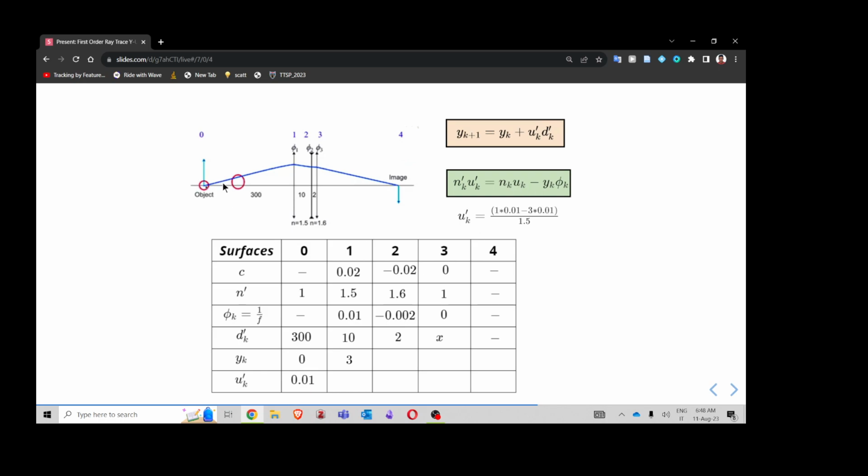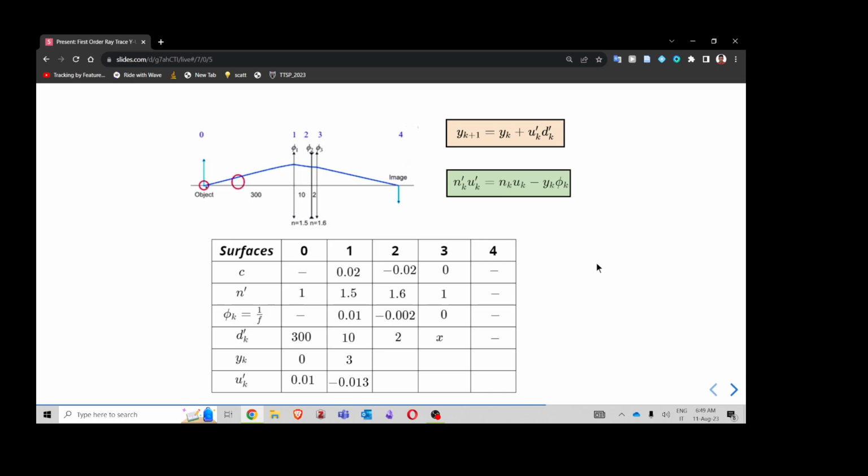So it is 0.01 times this refractive index, minus the height of the ray, which is 3, which we just calculated, times the power of the lens, which is 0.01, divided by the refractive index after exiting the surface, which is 1.5. So we just divide by 1.5 and we get this value. You could do the calculations just to get a feel of this problem.